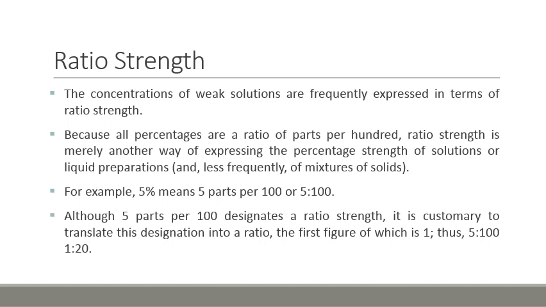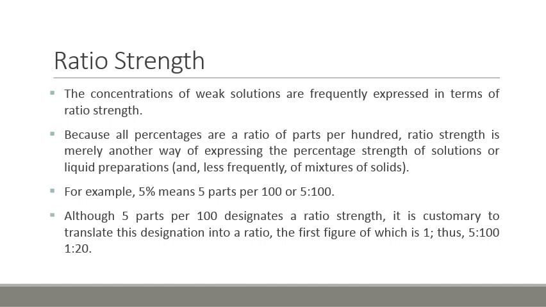Now the ratio strength. The concentration of weak solutions is frequently expressed in terms of ratio strength. Because all percentages are ratios of parts per 100, ratio strength is merely another way of expressing the percentage strength of solutions or liquid preparations, and less frequently of mixtures of solids.